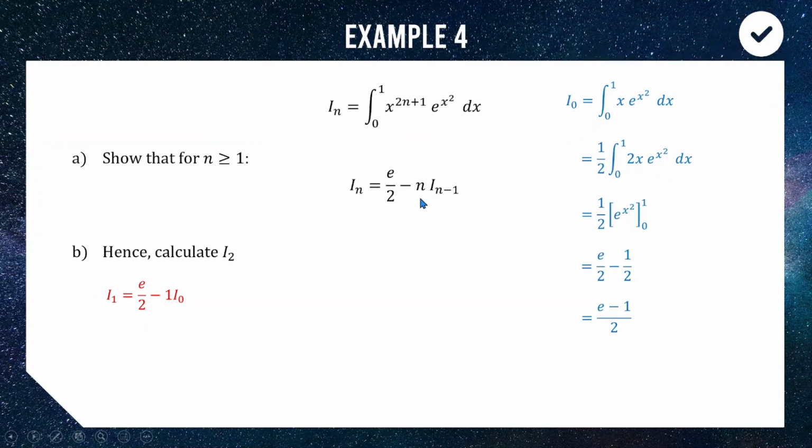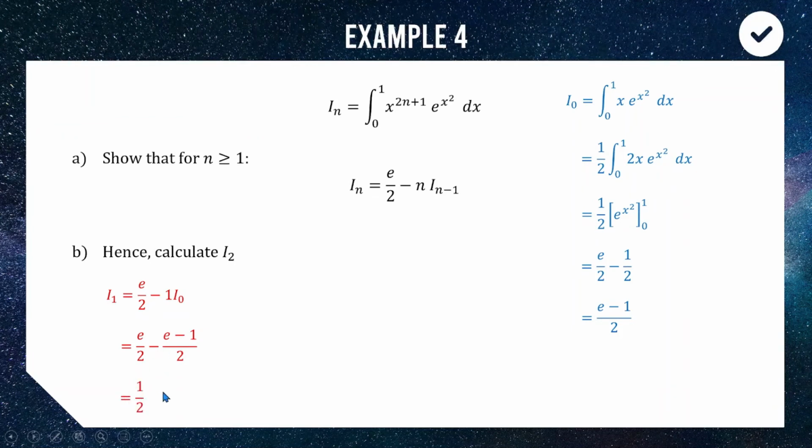So we're using our recurrence relation, starting with I0 inside the formula to get us I1. I0 we just calculated, that's e minus 1 over 2, so I'm going to sub this in for I0. So we have e over 2, take away e minus 1 over 2. The 2 e's cancel out and we get minus 1, so we end up with just positive 1 over 2.